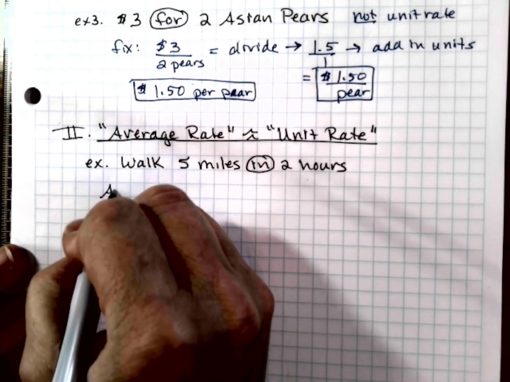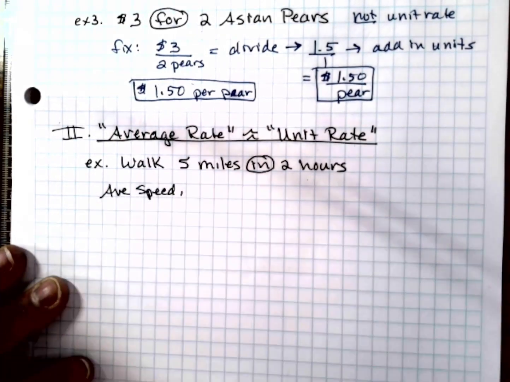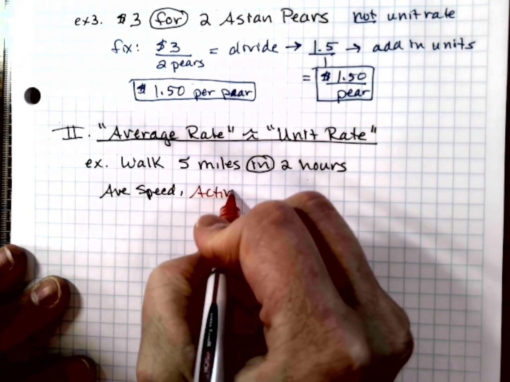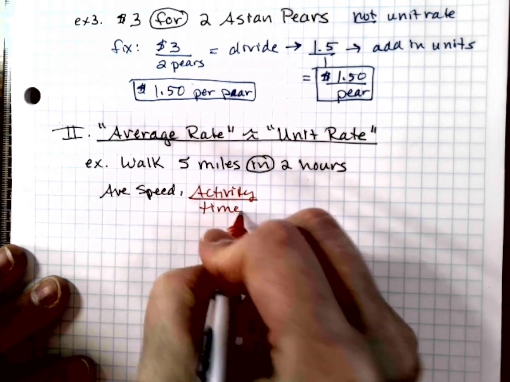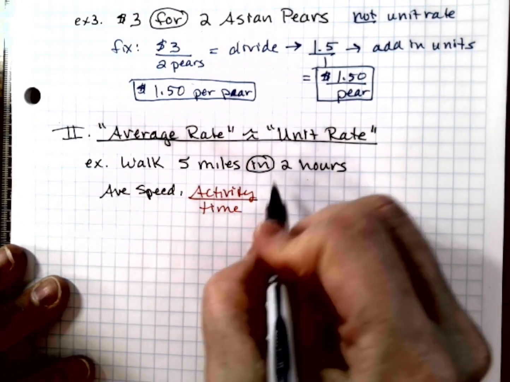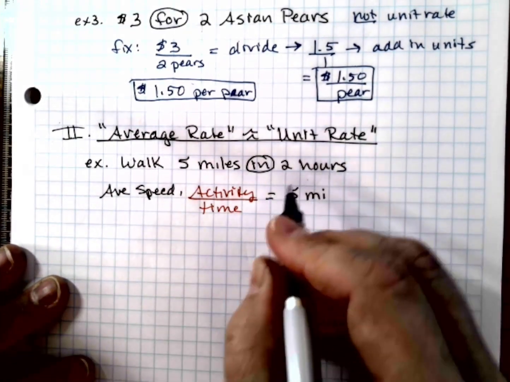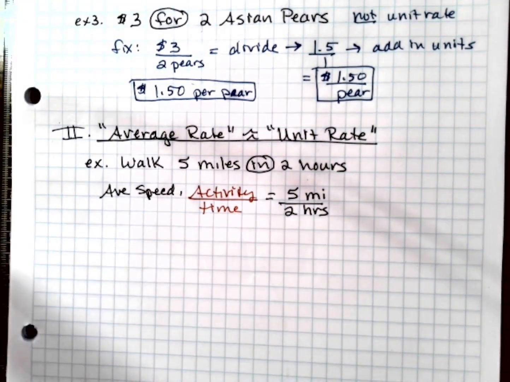So your average speed or your average rate is whatever your activity is over the time. In this case, your activity is you're walking 5 miles, and it's going to happen in 2 hours.